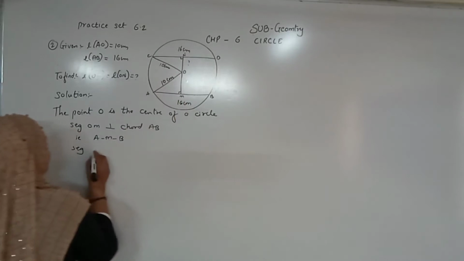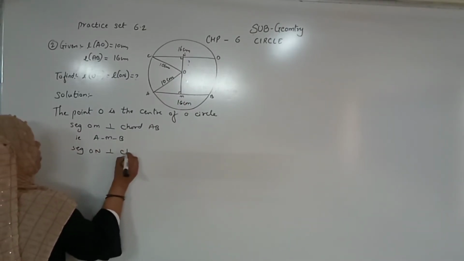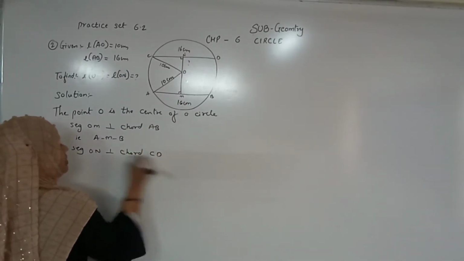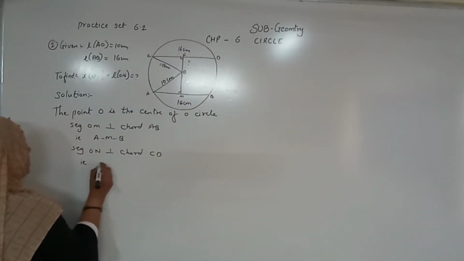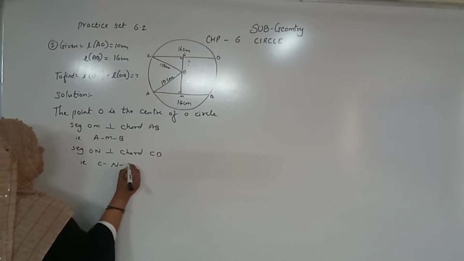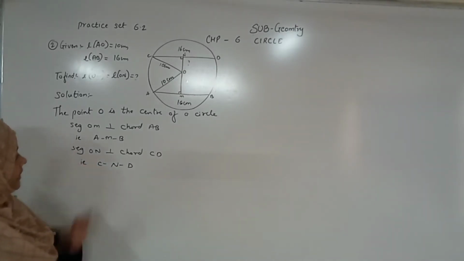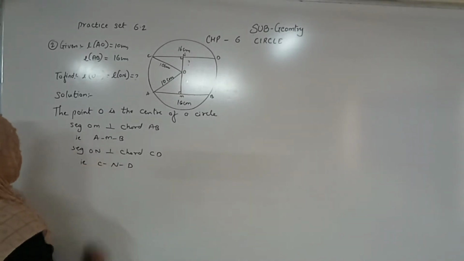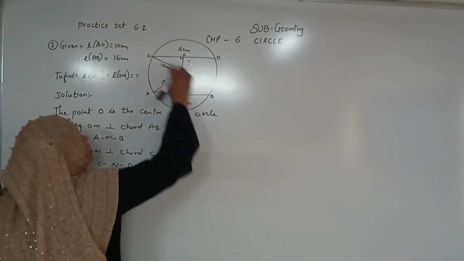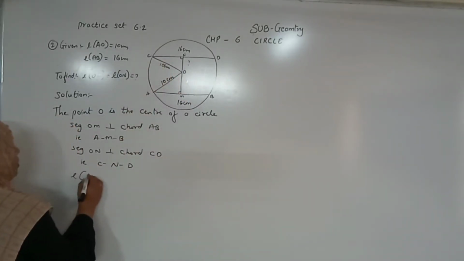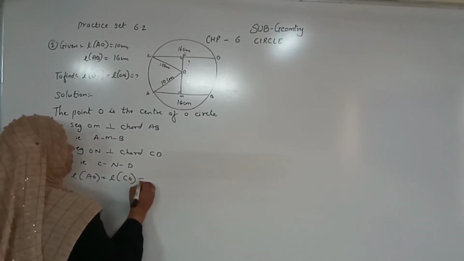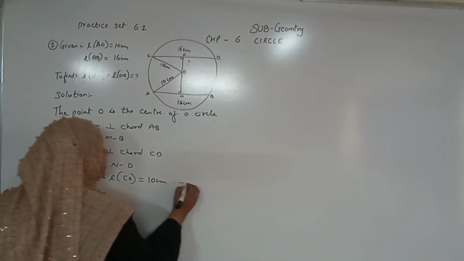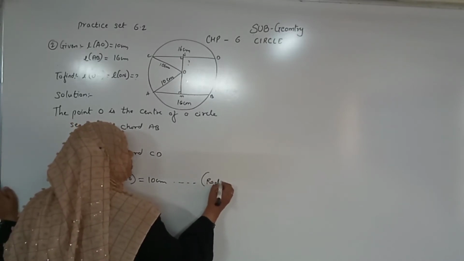Segment ON is perpendicular to chord CD, so C, N, D will be in one line. Length AO equals length CO equals 10 centimeters. Give the reason: radius of a circle.